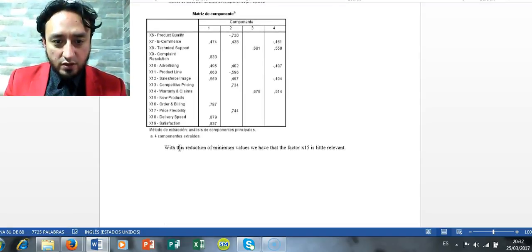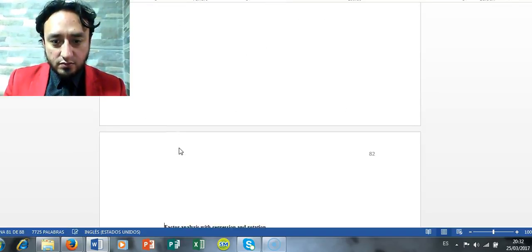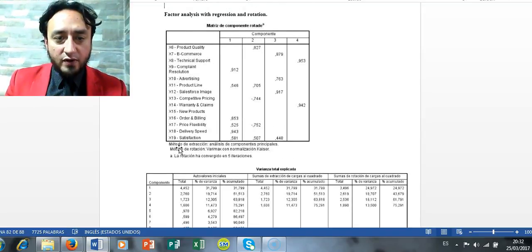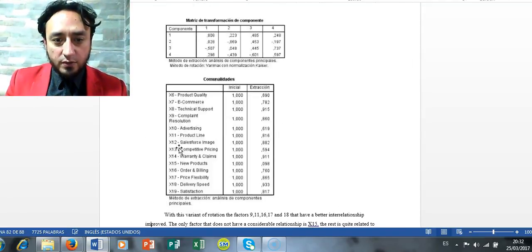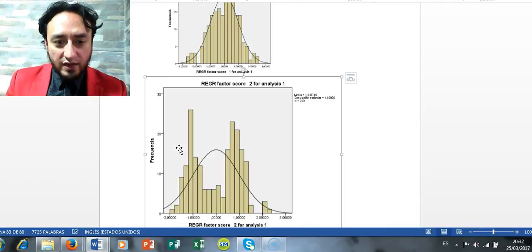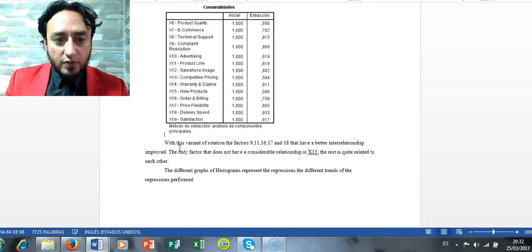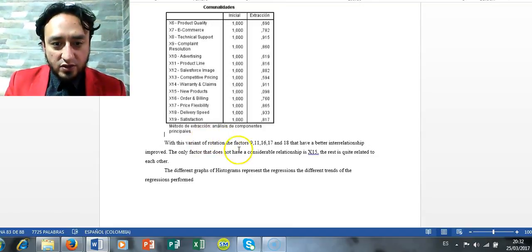With this reduction of minimum values, we see that factor x15 is little relevant or not relevant. Factor analysis with the regression and rotation. Well, here we have the data, and it's important to mention that with this variant of rotation, the factors 9, 11, 16, 17, and 18 that have a better interrelationship improved.